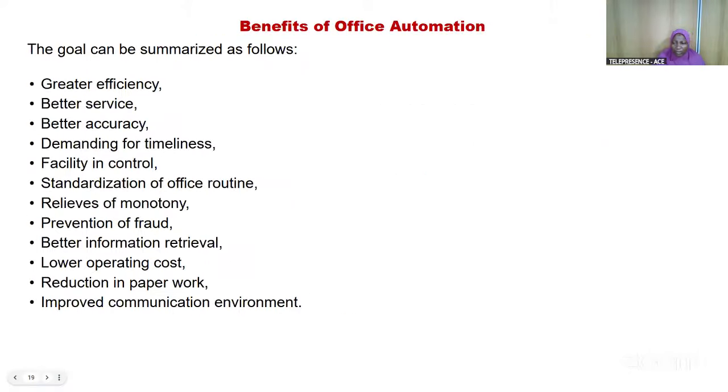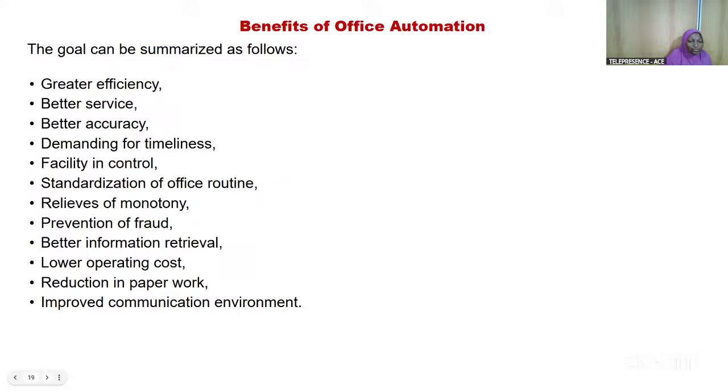So what we can derive at the end of the day is that with office automation, you have greater efficiency and better service. You produce your work with accuracy, you are timely, it relieves you of monotony, and in most cases, you have better information retrieval.